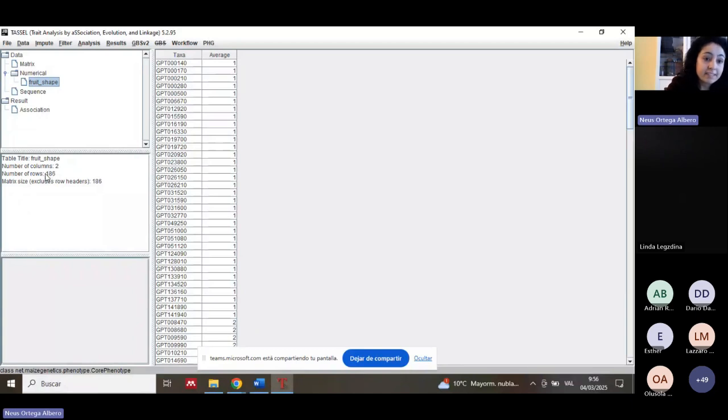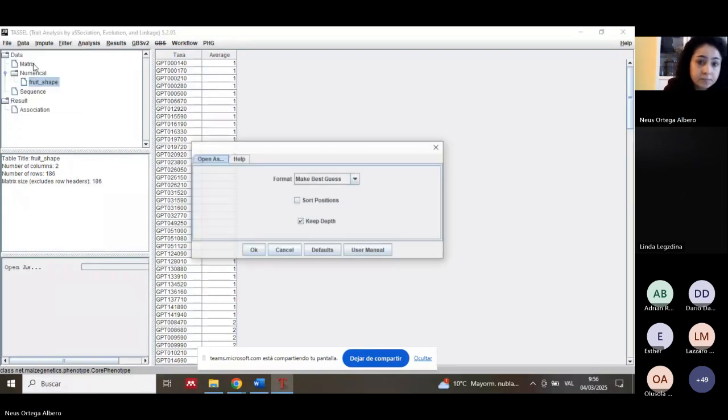We can see here that in this case, we only have 186 collection. Okay, this is number of rows. That just means that we have 186 rows, 186 accessions. Now we're going to open the genomic data as make best guess with keep depth, which means that we are going to retain all the genetic information in the big file.